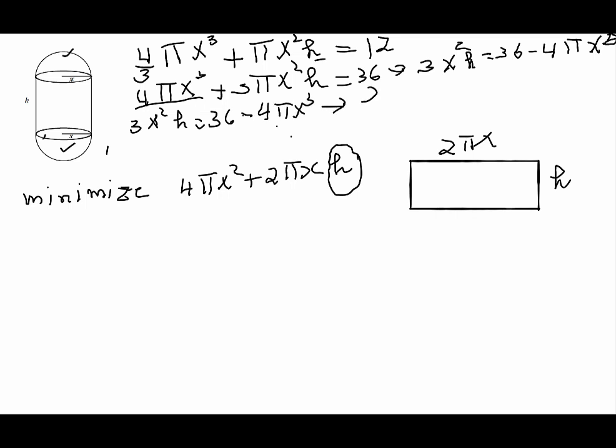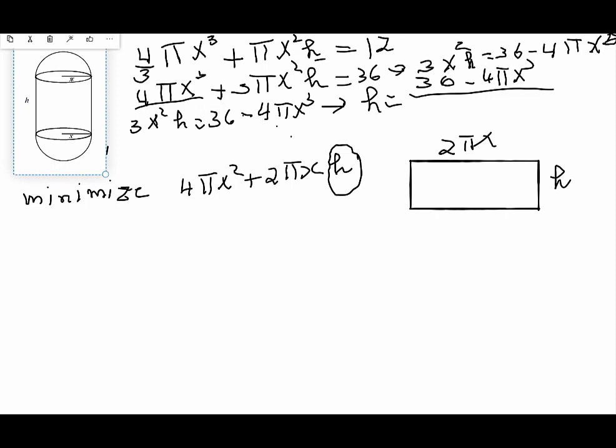That gives us h equals 36 minus 4 pi x cube, divided by 3 pi x square. That's what our h will be.